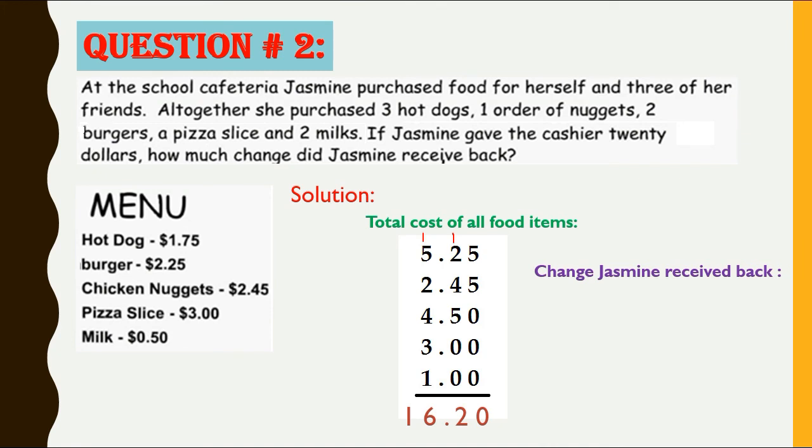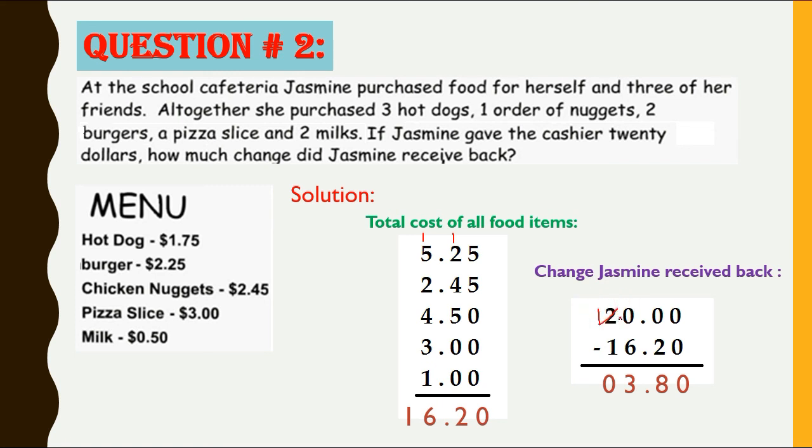Now we will find out the change Jasmine received back. We will subtract 16.20 from 20.00. Now we'll subtract. After subtracting, we will get 3.80. How have we subtracted here? 0 minus 0, 0. We cannot subtract 2 from 0, so we'll borrow 1 from 2.